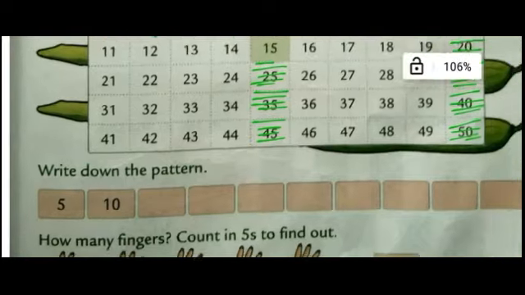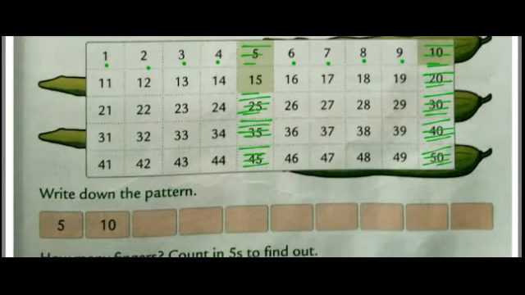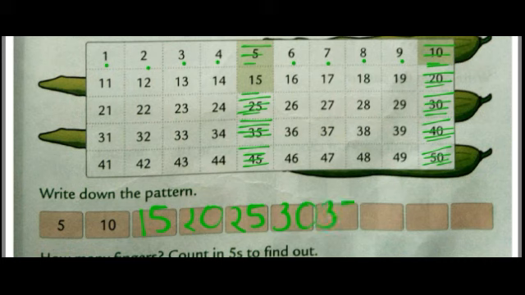Now we need to write down the pattern that we have colored. 5, 10, 15, 20, 25, 30, 35, 40, 45 and 50.